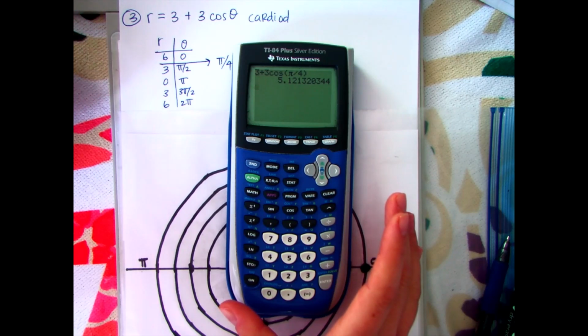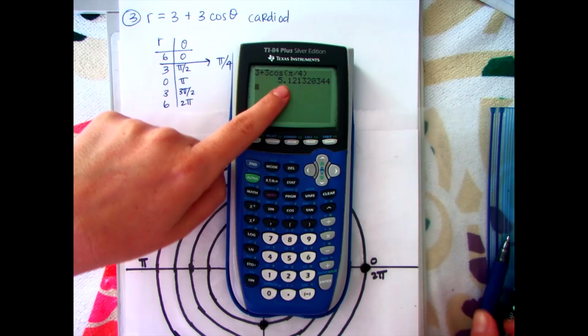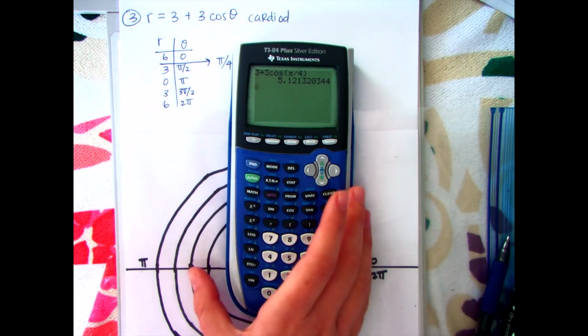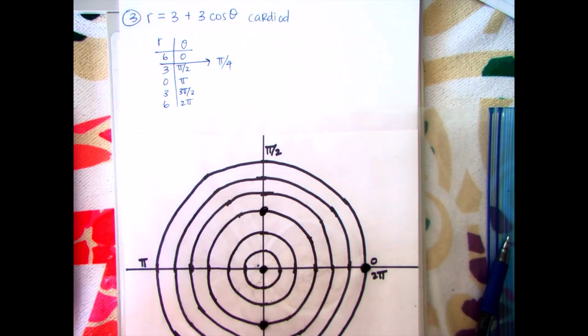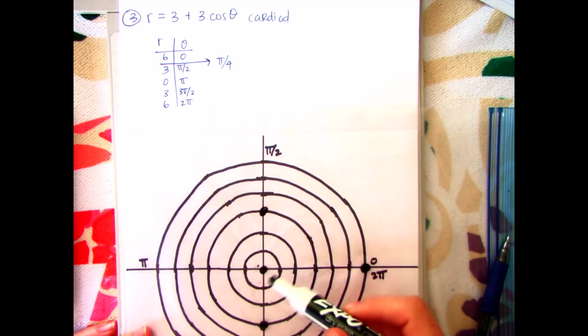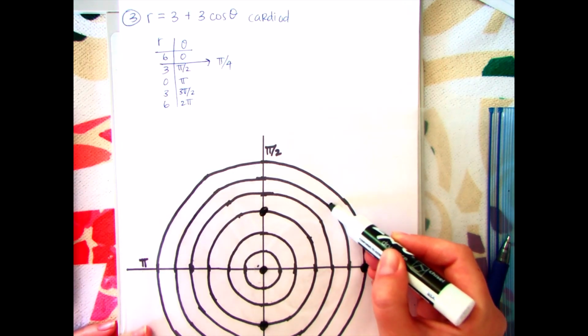Okay, that's irrational. So it's about 5.1. I'm sorry, pi over 4 is about 5.1.